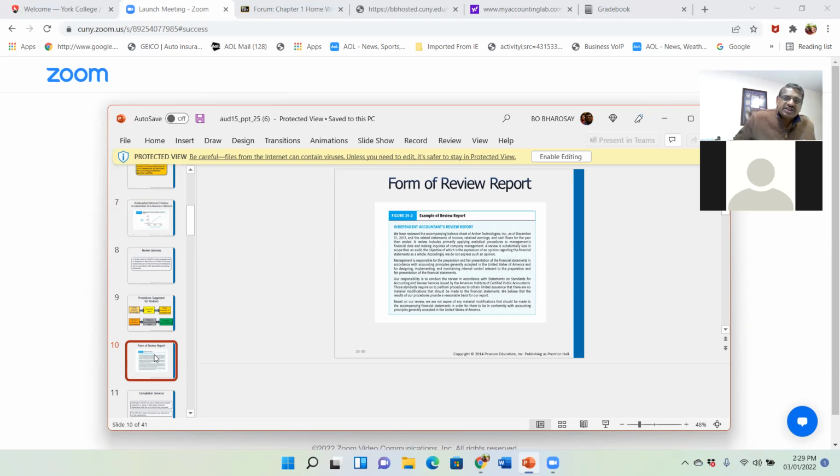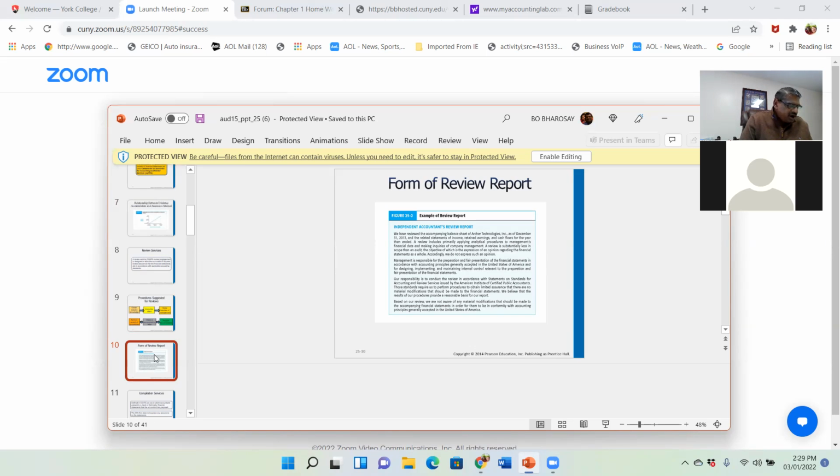The next paragraph, we're going to tell the reader of the accountant's responsibility. Our responsibility is to conduct the review engagement in accordance with Statements on Standards for Accounting and Review Services promulgated by the Accounting and Review Services Committee of the AICPA.